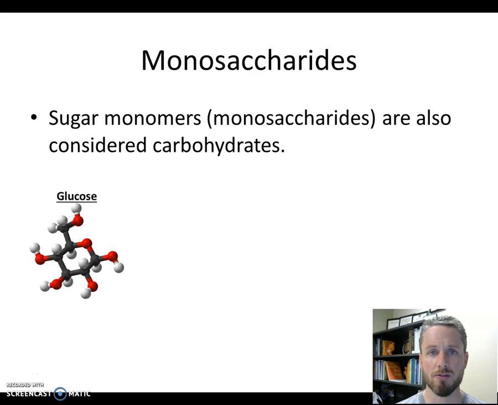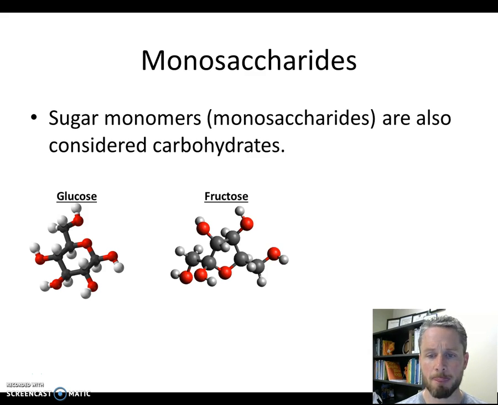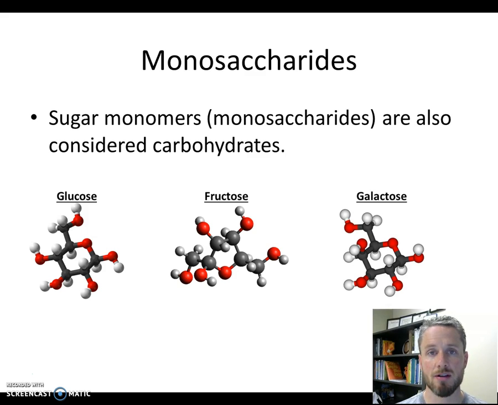So some examples of sugar monomers that are still a carbohydrate because they have carbons and then an equal number of water molecules are glucose, that's one example. Fructose is another sugar monomer. Galactose is another sugar monomer. So sometimes we'll talk about those sugar monomers as well. And those things are still carbohydrates, but they're monosaccharides, not polysaccharides. Okay, so we'll see those from time to time.